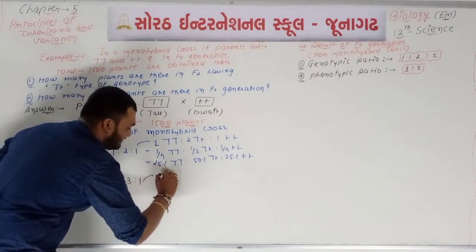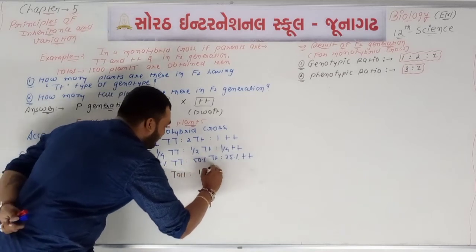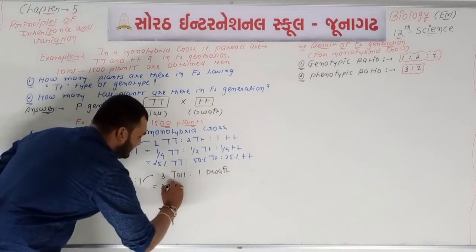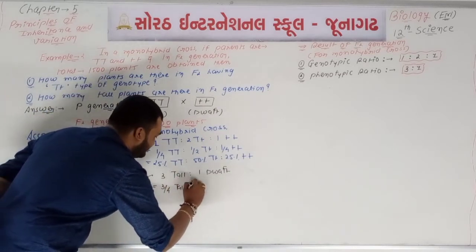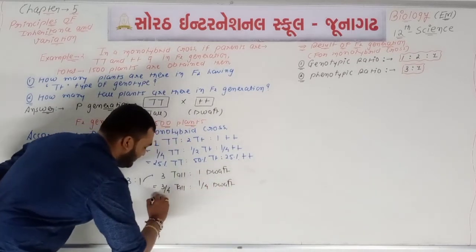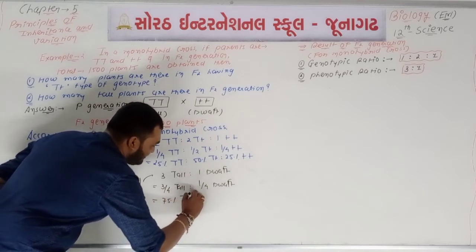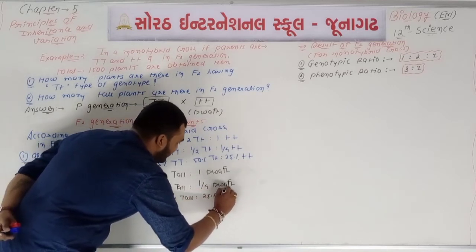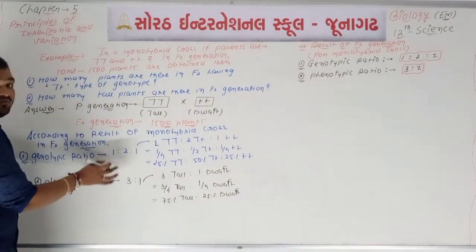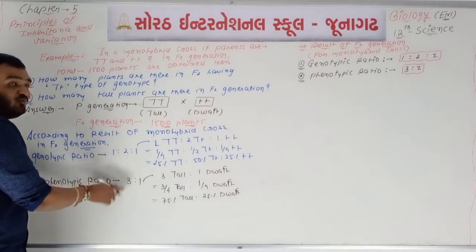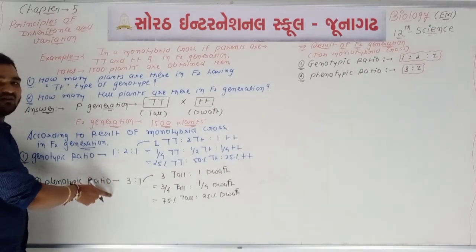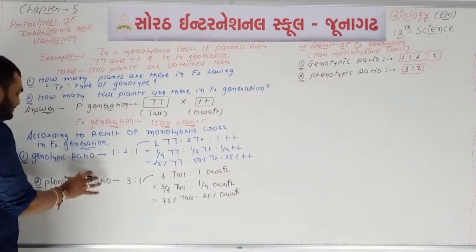So 3 tall is to 1 dwarfed is equal to 3 upon 4 tall plants is to 1 upon 4 dwarfed plants, which is equal to 75% tall plants is to 25% dwarf plants. This concept is very important. You must write this step and not forget it, because if you do not write this step, you will not get full marks. So both steps are important.